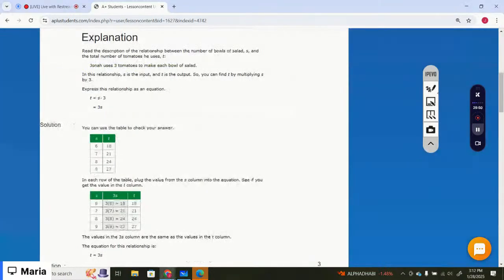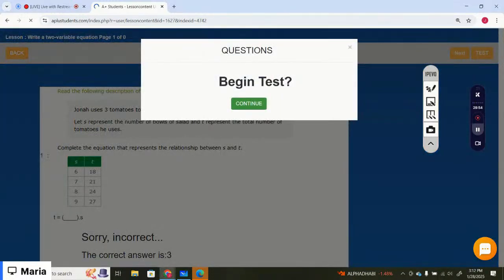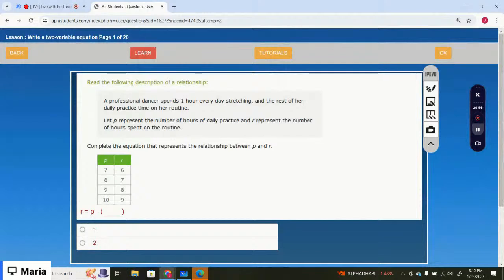Let's just start with the test questions. R equals P take away the missing number. So which is the correct option?